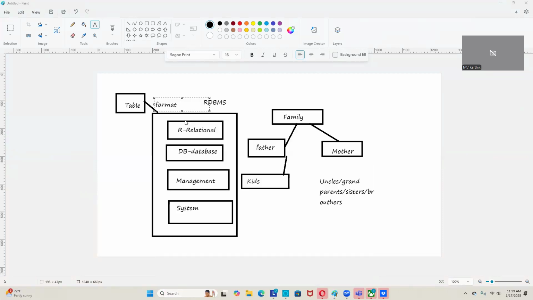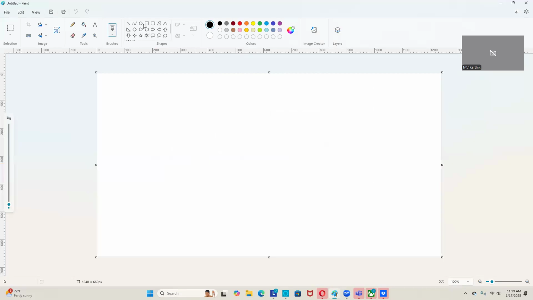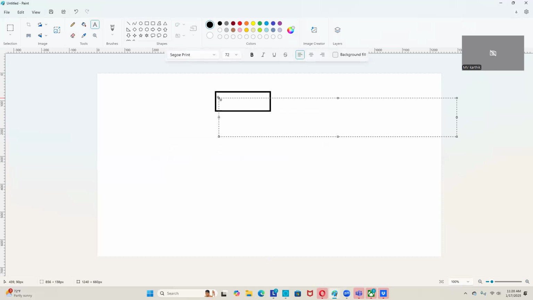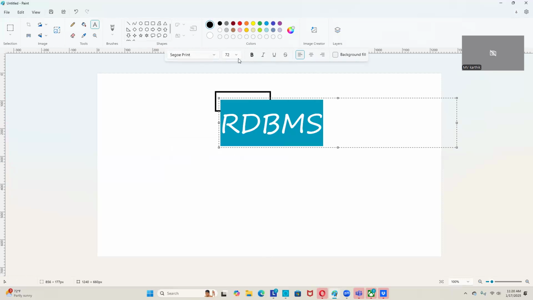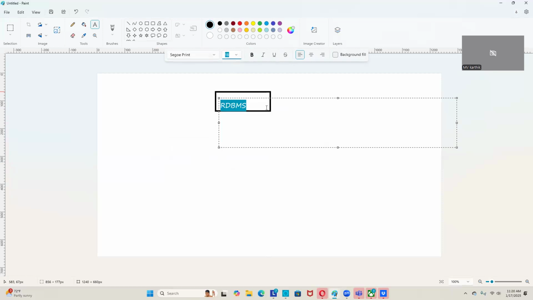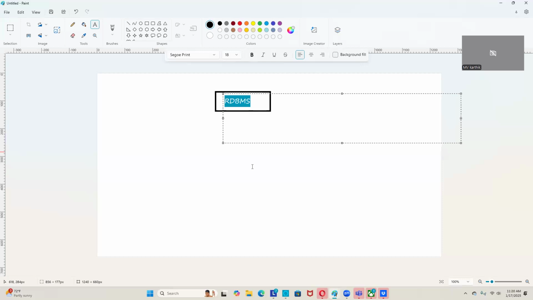Similarly, there are various other RDBMS tools in the market, so let me represent those tools as well for your understanding. These RDBMS are offered by other companies as well.